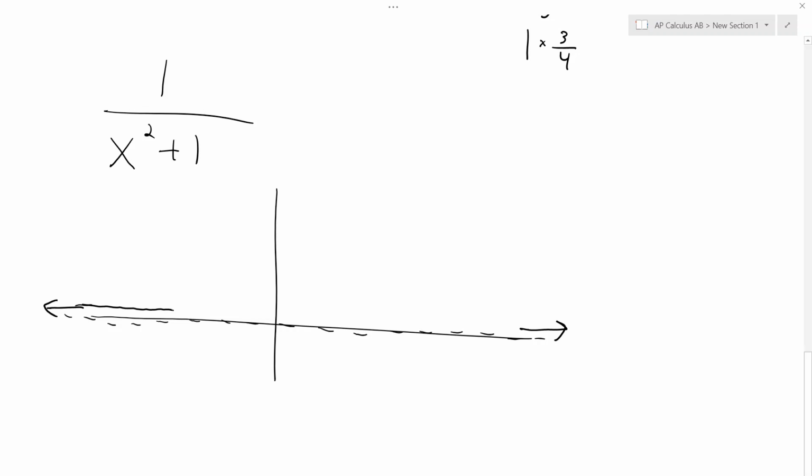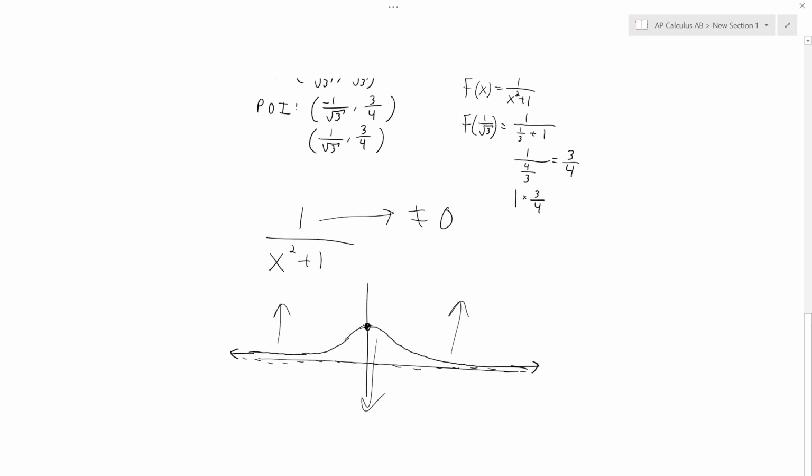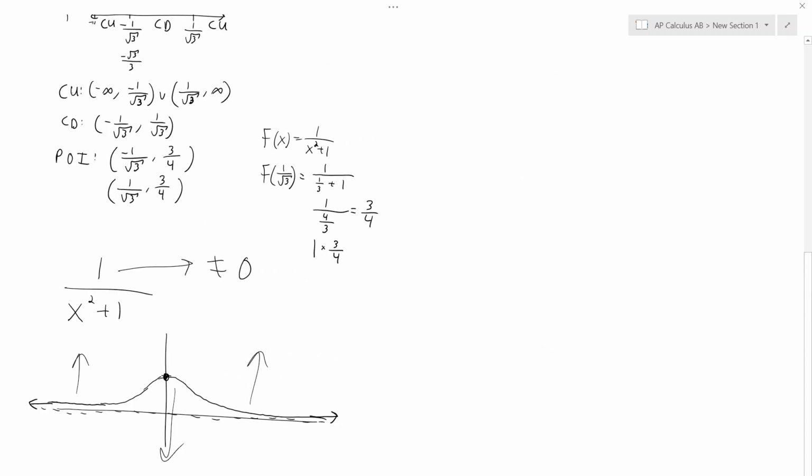This thing has no x-intercepts because the top will never equal 0. But if you put 0 in, you get 1. That's the y-intercept. So all I know is this thing has to go to that point and then go back down. So it looks like this. You can see it's concave up, concave down, concave up, which is exactly what our second derivative number line told us.